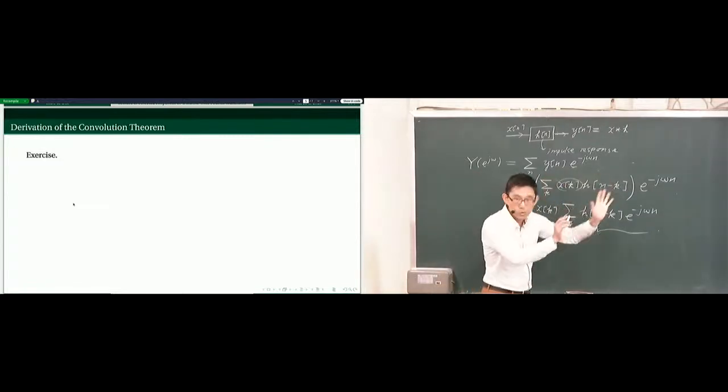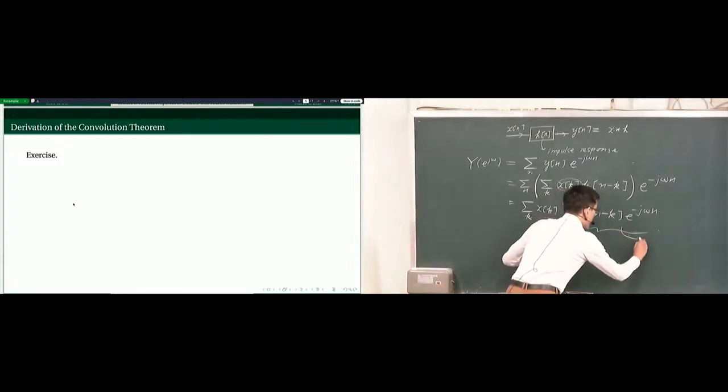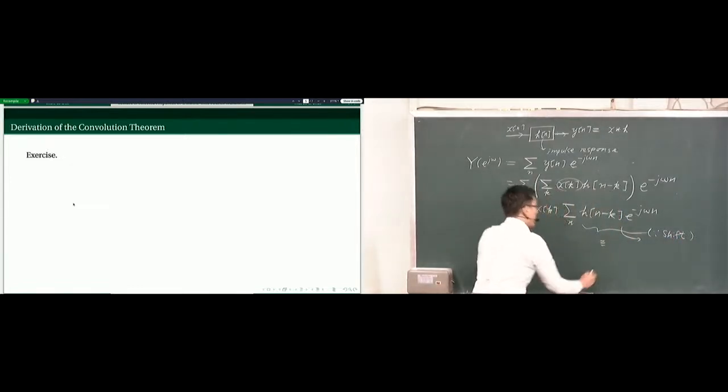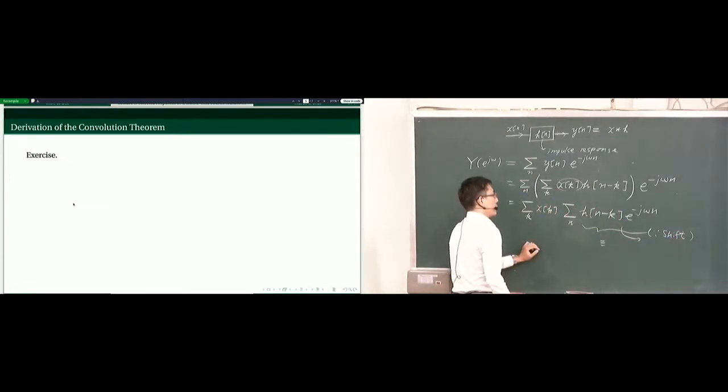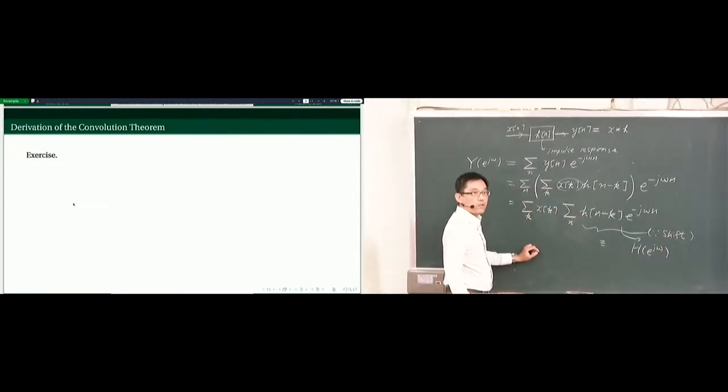So here we are going to apply the shift theorem. Because of the shift theorem, this term equals the spectrum of h, but with a linear phase term.